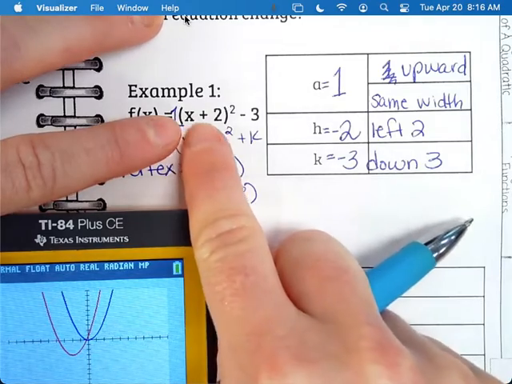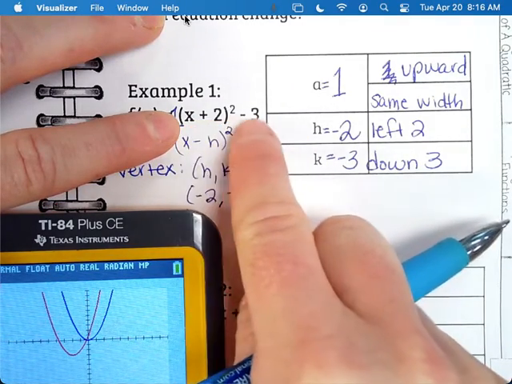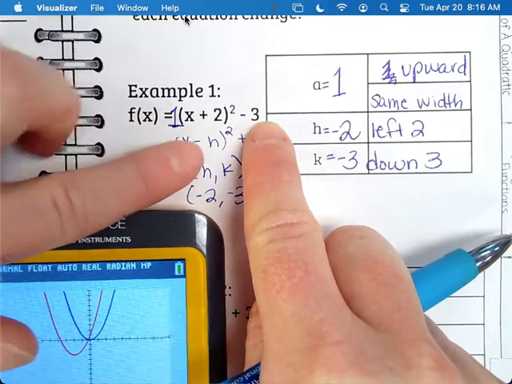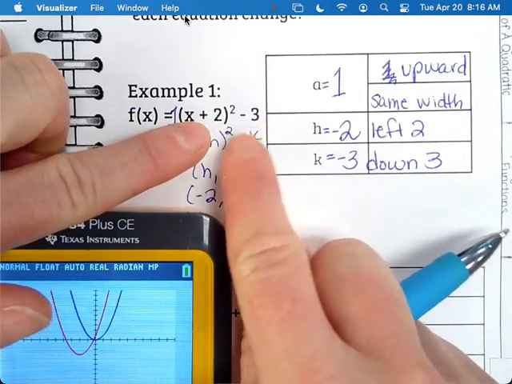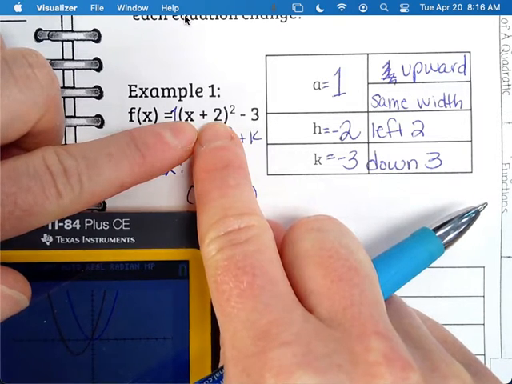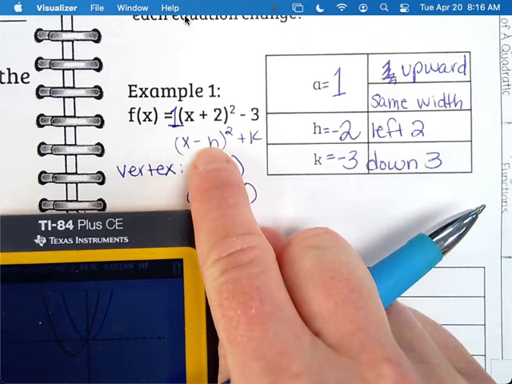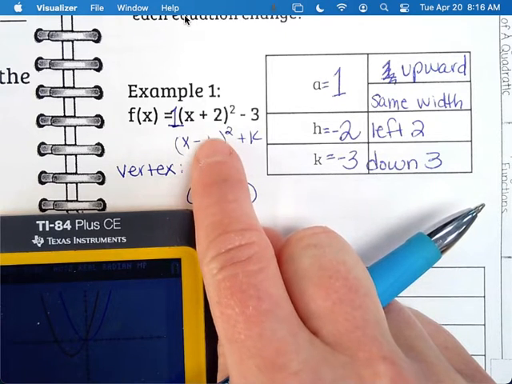Whenever we look at this function, see how this is a +2 and this is a -3? A lot of people want to say it's going to go right 2 because of that +2. But you have to remember that the vertex form is x minus h. It has a built-in minus in there.